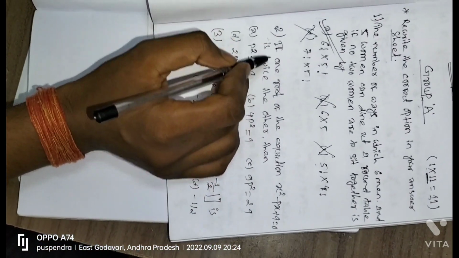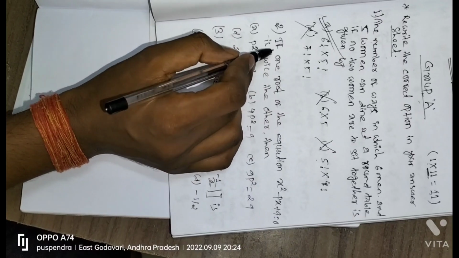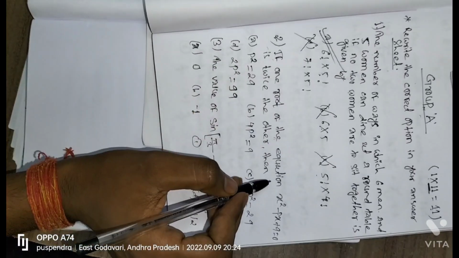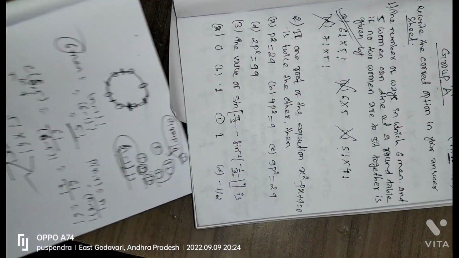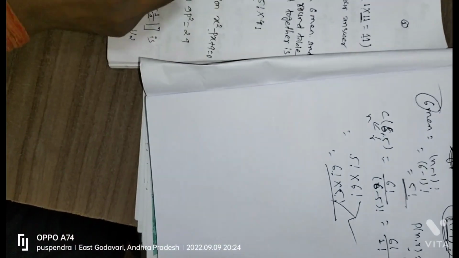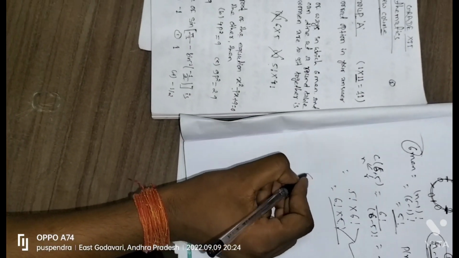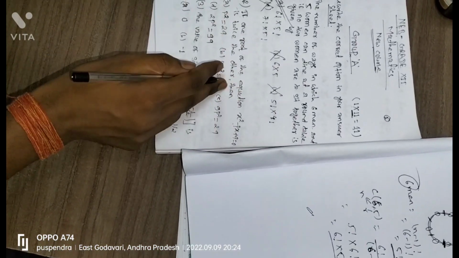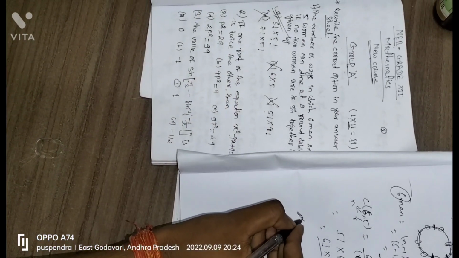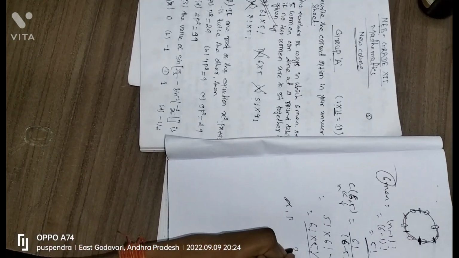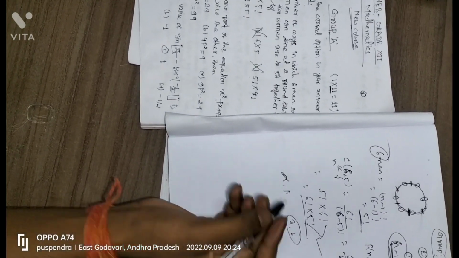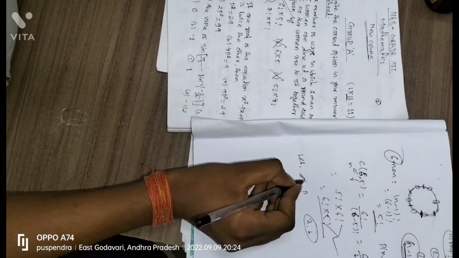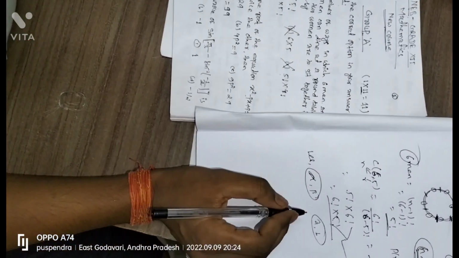Now, if one root of the quadratic equation is twice the other, let's suppose alpha and beta. You can take a, b, or any symbols for the roots.